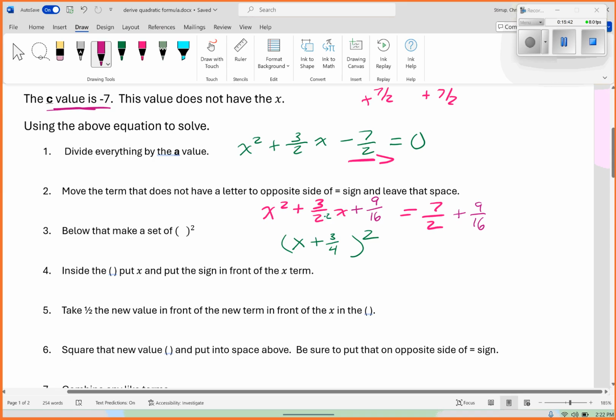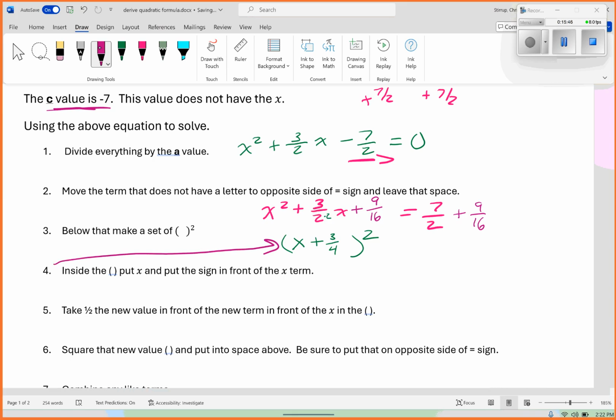Okay, so this is the fourth part. All right, this is this part. Square the new value and make sure you add it. Okay, that's everything I've done. So let's make sure we make sense. Below, make a set of parentheses. We did that. Inside the parentheses, put the x and put the sign in front of the x term.